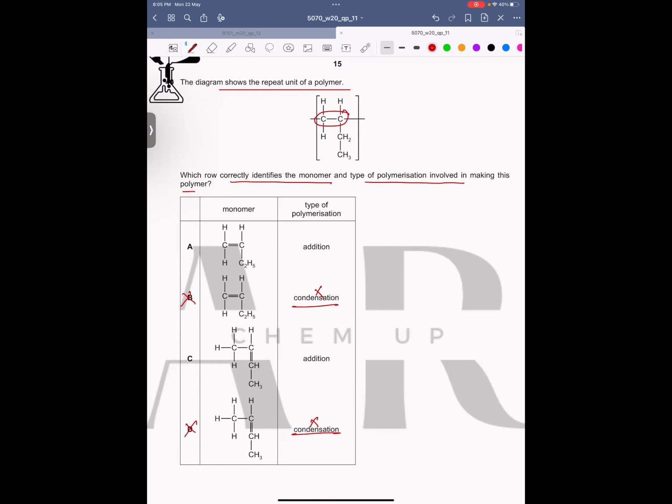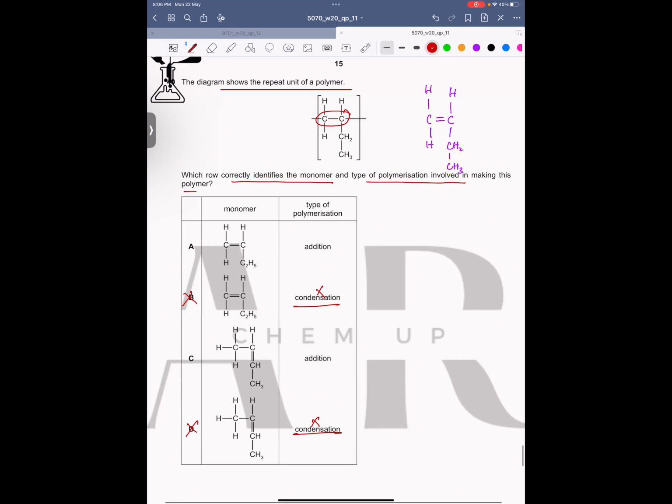So if you see how we draw the monomer from the polymer, we repeat the whole structure, and where there are 2 empty bonds on those 2 carbons, we just put a double bond instead of the empty bonds. So that is the monomer. So if you see over here, the double bond is not in the correct position. Over here as well.